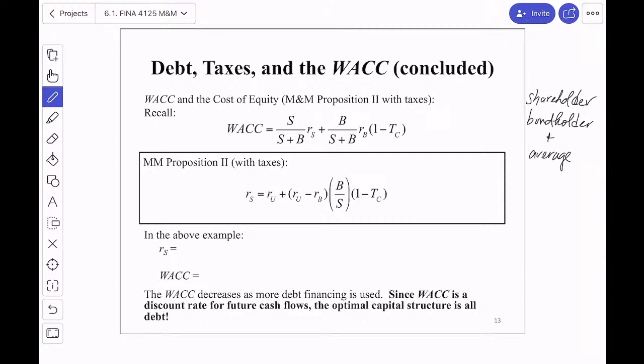Remembering, when I talk about average investor, they are investors who are invested in the same proportion, the same propensity in debt as the firm. Average investor in the firm. So for the levered firm, for the unlevered firm, you just have shareholders.